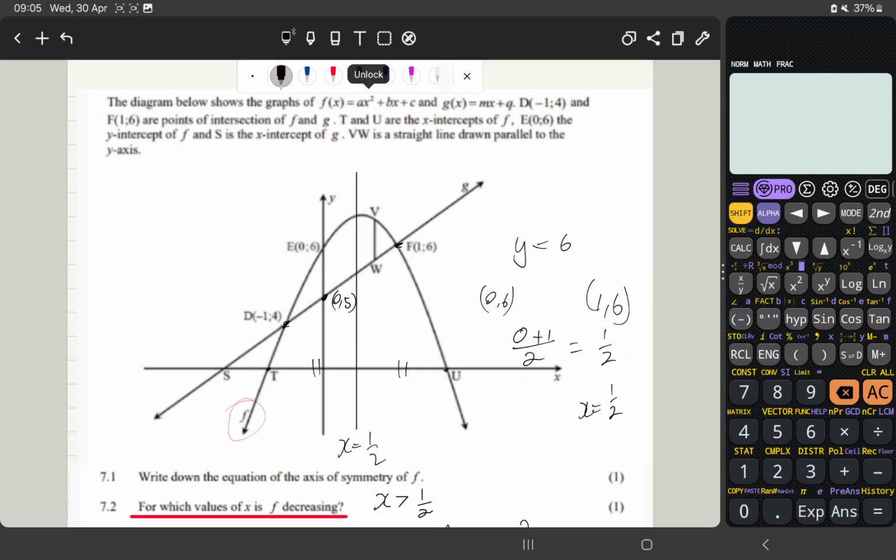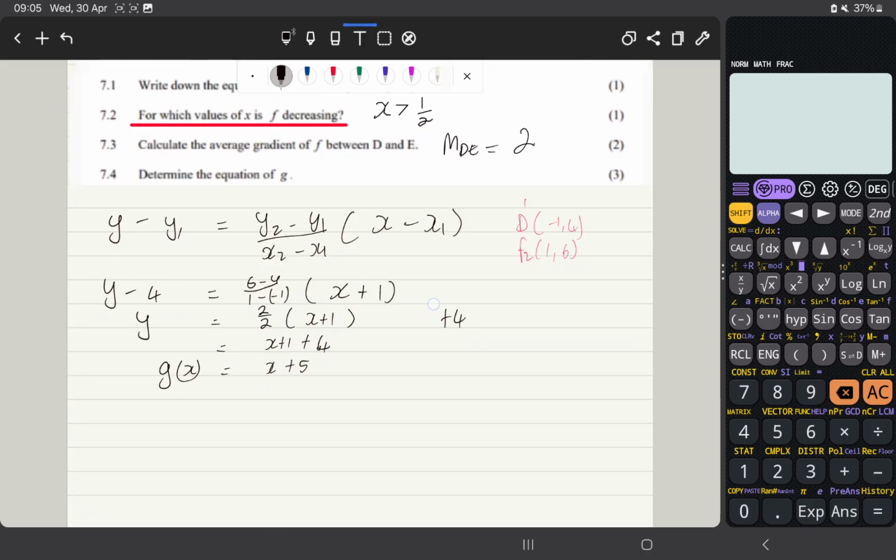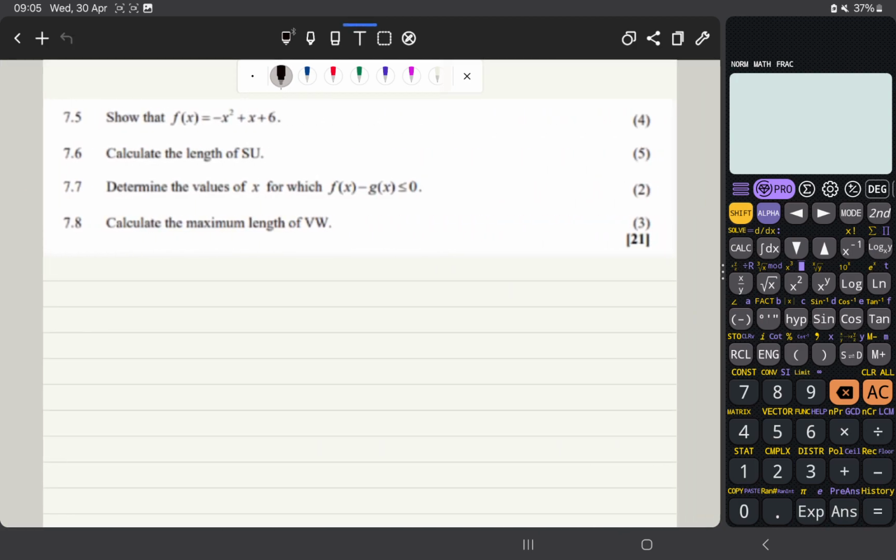What I can rather do is, I know you see f and g are intersecting. So if we were asked to look for the values of d and f, which are the points where f and g intersect, I would say f of x is equal to g of x, right?